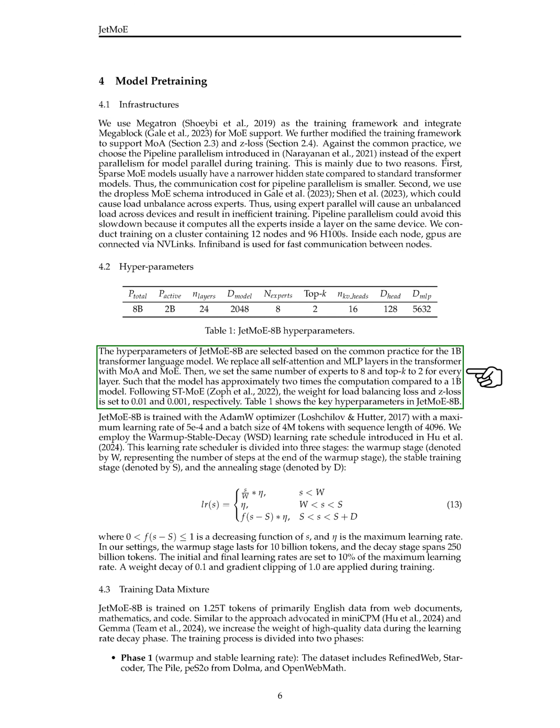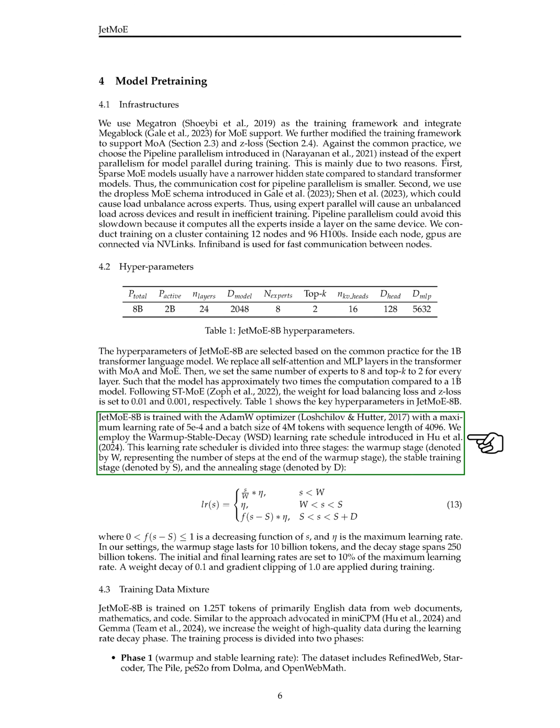The hyperparameters for JetMoE-8B are selected based on the 1B transformer language model, with self-attention and MLP layers replaced by MoA and MoE. The model is trained with the AdamW optimizer, employing the warm-up stable decay (WSD) learning rate schedule.